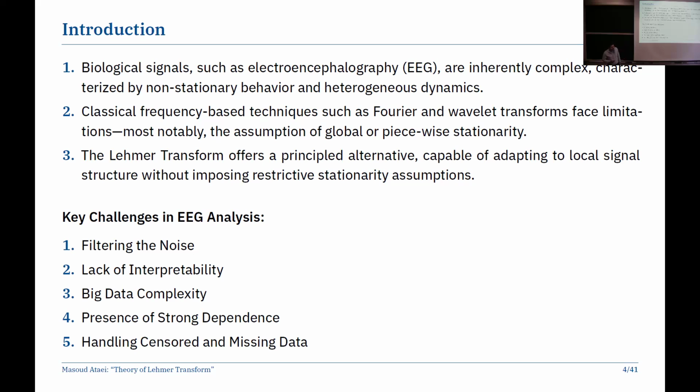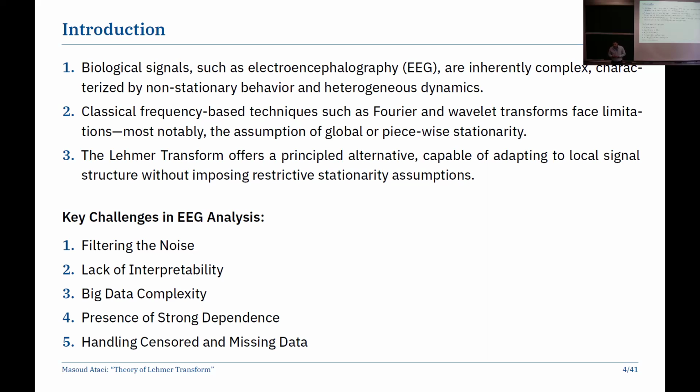More importantly, these methods require extensive pre-processing, such as artifact removal and segmentation, which can introduce subjectivity and potential loss of critical information. To address these challenges, we introduced the Lehmer transform, which is a statistical framework to summarize complex signals using moment-based representation.